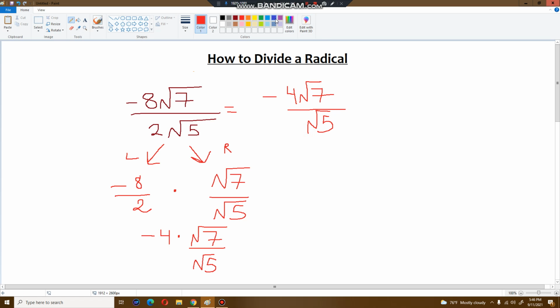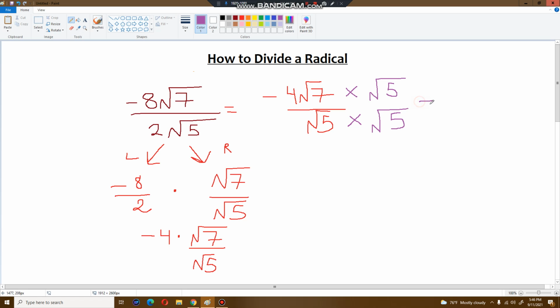Again, kids, guess what? I cannot have a square root of 5 as my denominator. It's not allowed in math. I've got to get rid of that square root. How do I get rid of it? I simply multiply the denominator and numerator by the exact same square root, square root of 5.